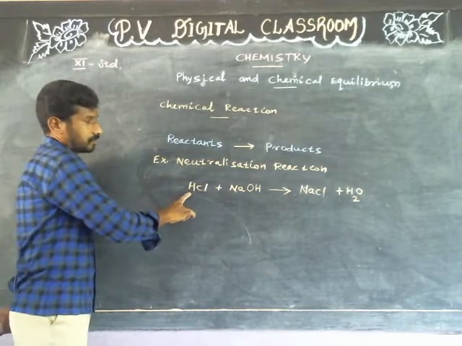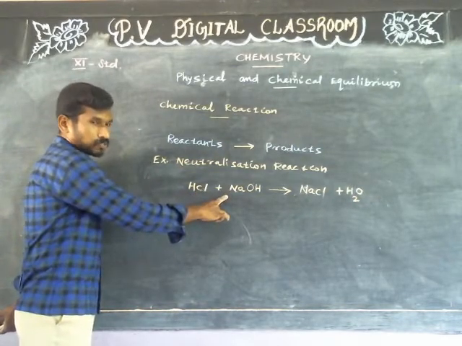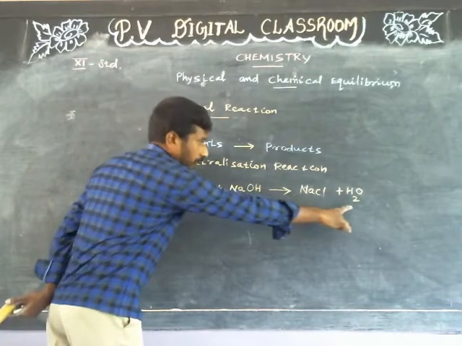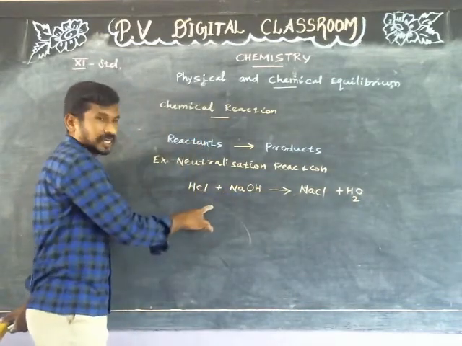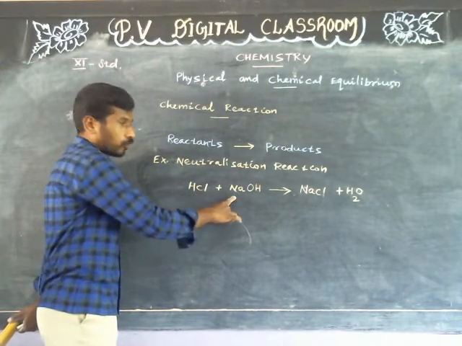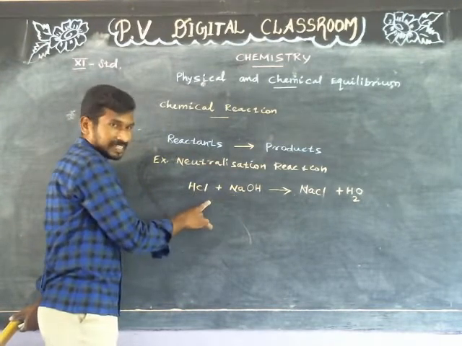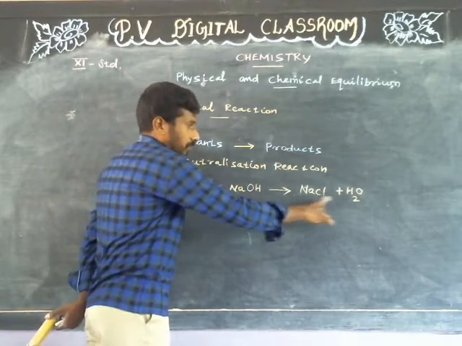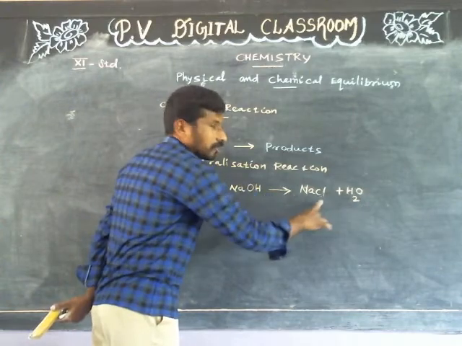Hydrochloric acid reacts with sodium hydroxide base to give sodium chloride salt and water. In this reaction, hydrochloric acid and sodium hydroxide base are reactants. Sodium chloride salt and water are the products.